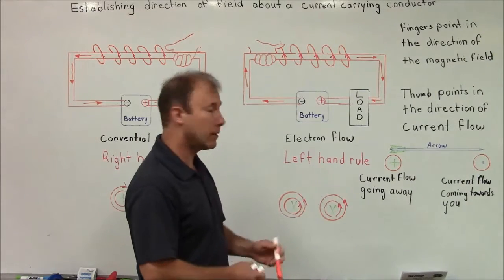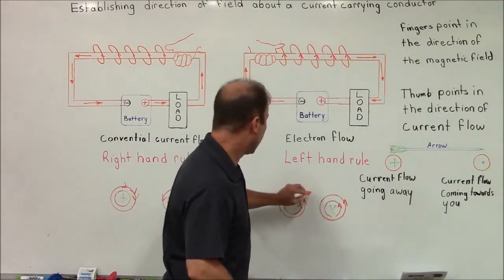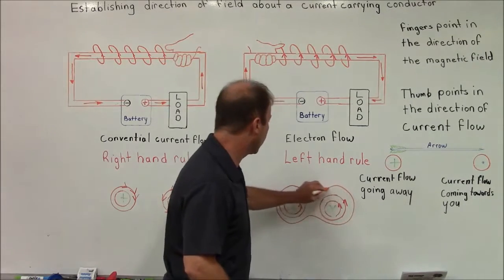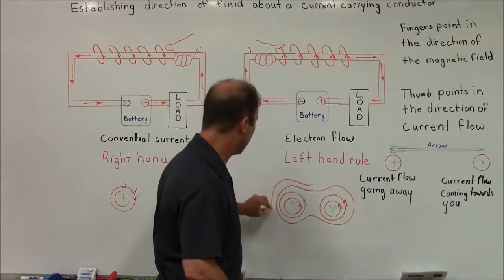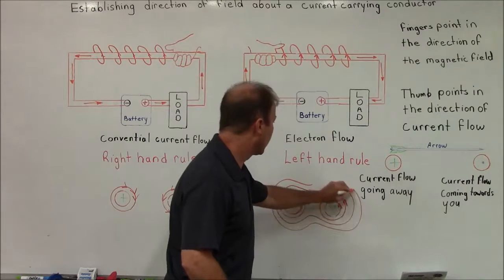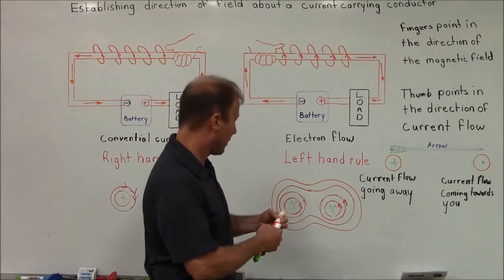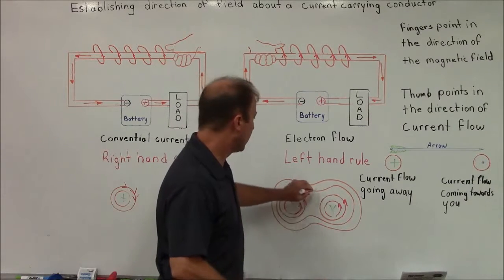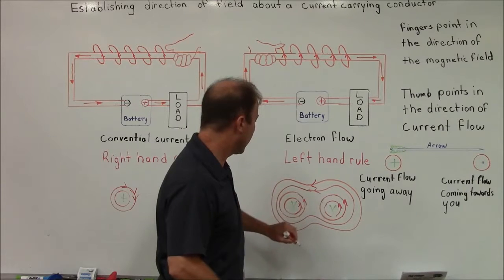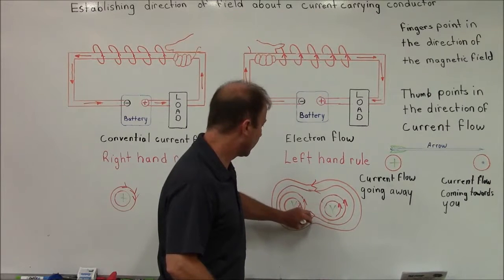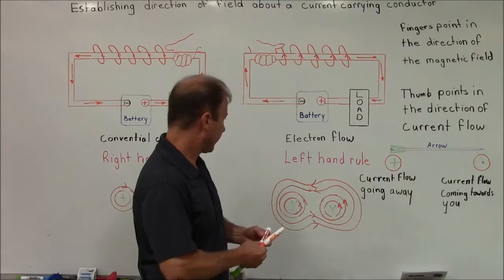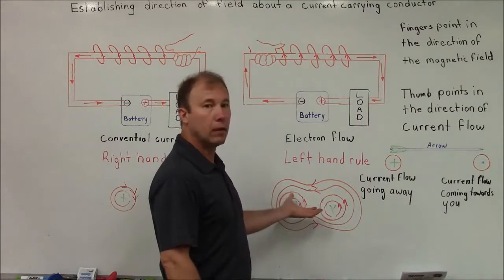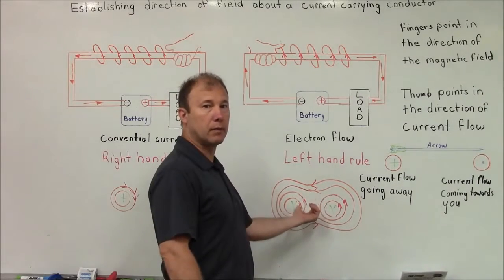Now, if we were to expand the magnetic field, it would actually look like this. And the direction of the field would be this way. So instead of pulling apart, they would be coming together.